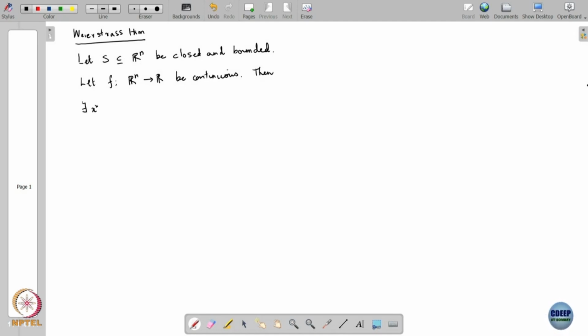So, there exists an X star in S such that F of X star is equal to the infimum of F of X as X ranges in S. In this case the word we used was that the infimum of F is attained in S.